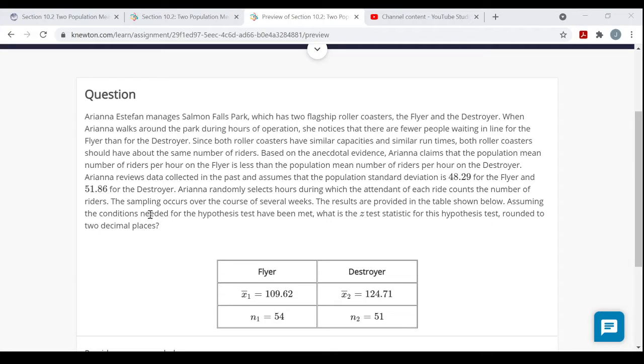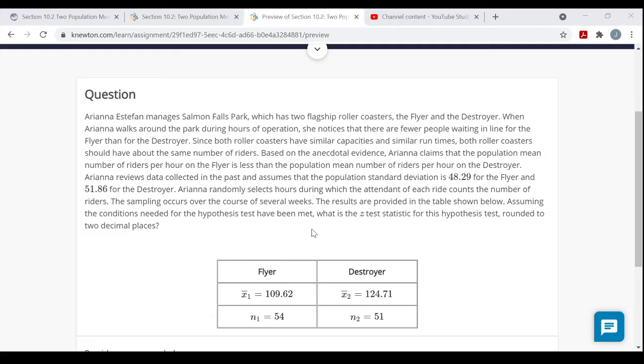Assuming the conditions needed for the hypothesis test have been met, because the sample sizes are sufficiently large and the population standard deviations are known, we're going to assume that these samples are independent, so results from one sample have no effect on the results from the other.